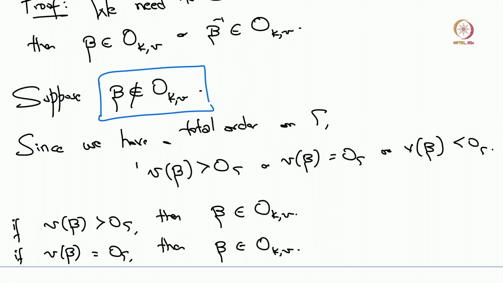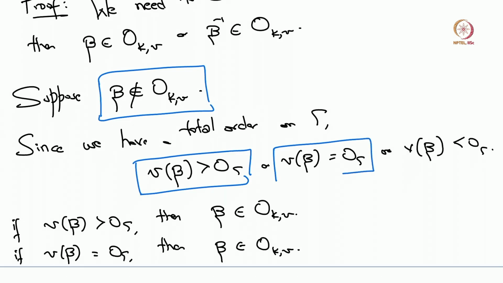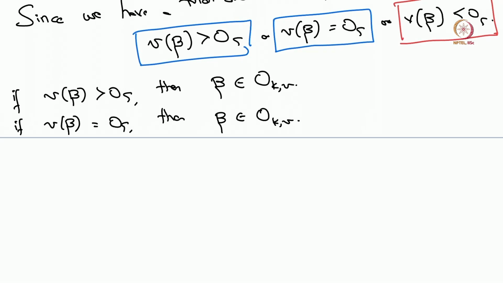So the first two cases under this assumption cannot occur. So what remains is that the valuation of beta should be strictly less than 0. So now suppose the valuation of beta, this is the remaining case, is strictly less than 0.